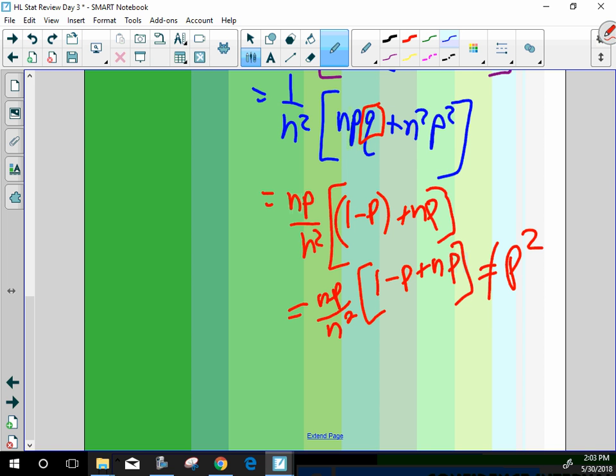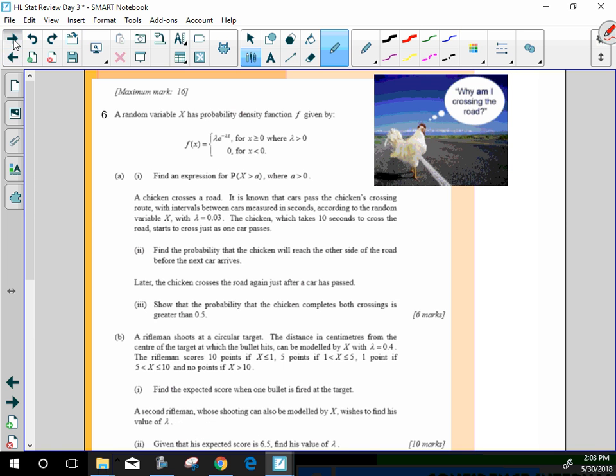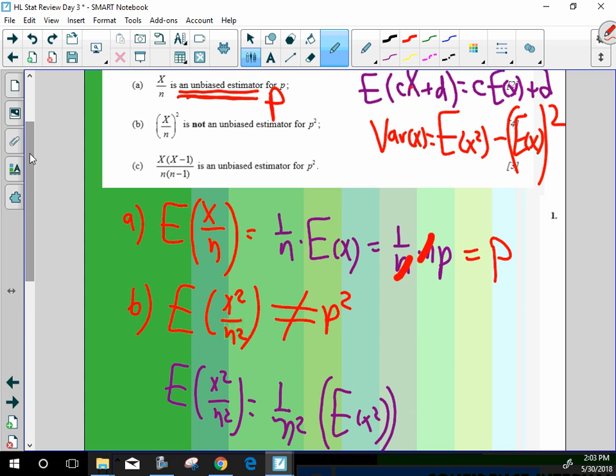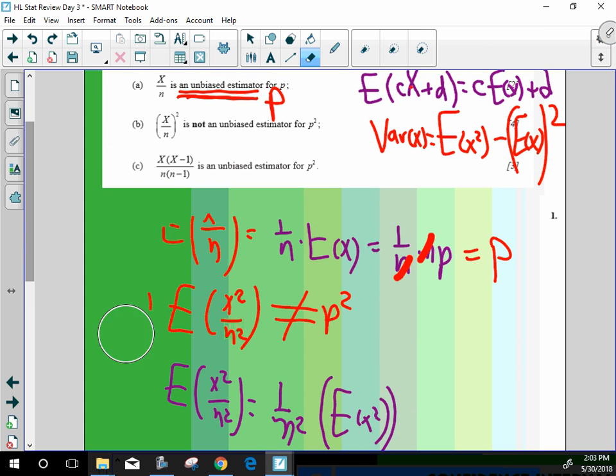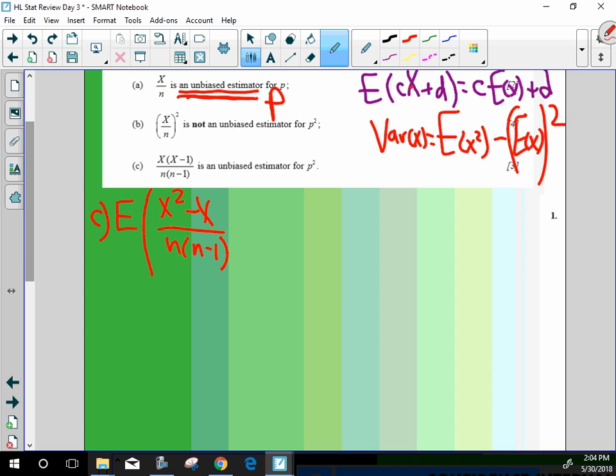Was I right? This isn't too bad, is it? No. Try this one. Try this last one. The last one says, find the expected value of X squared minus X over N times N minus 1.